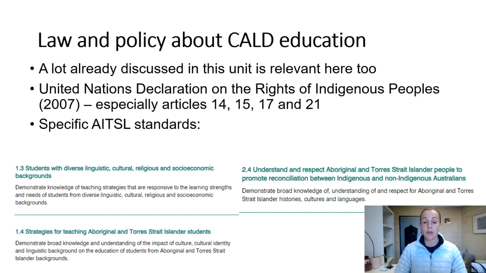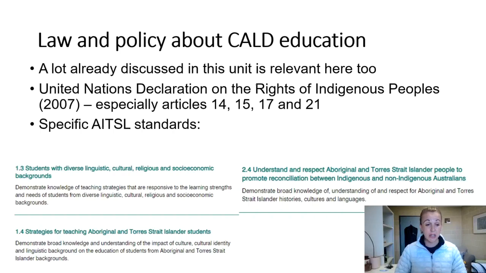And also that the government is going to work in conjunction with Aboriginal and Torres Strait Islander people to take effective measures for them, and particularly the children and those living outside of their communities, to have access to an education in their own culture and in their own language where possible.